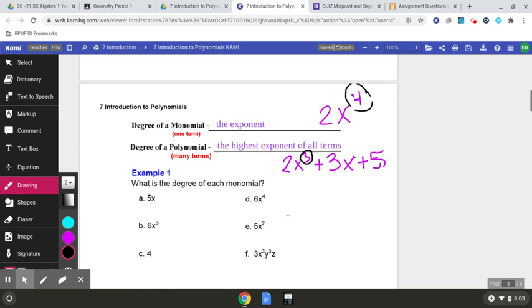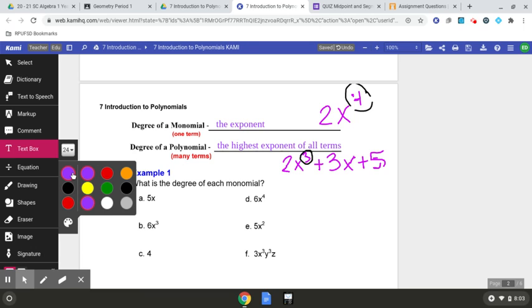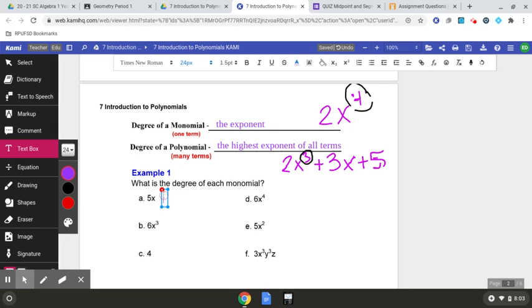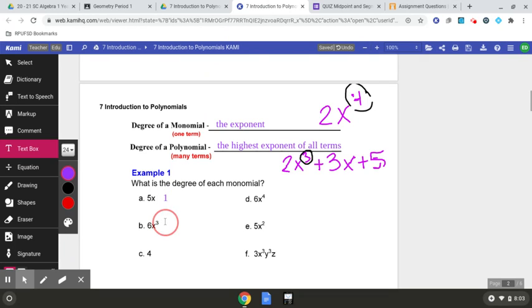So now we're going to use that, and we're going to just write down the degree of the following terms. So these are all monomials. So when we look at these, what is the degree of each monomial? So the degree for this one, 5x, remember there's an imaginary 1, so the degree is 1. For b, you have 6x cubed. The exponent there is a 3, so my degree is 3.